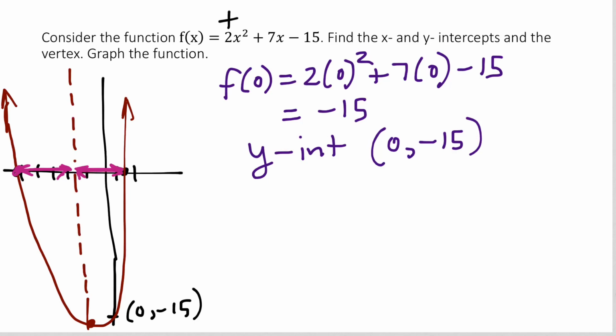Okay? So the fact that we know that this one is at 1.5 and the other one was at negative 5, if we can find the average of those two numbers, then that'll tell you what the equation for your axis of symmetry is.